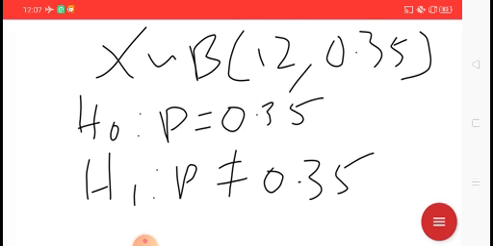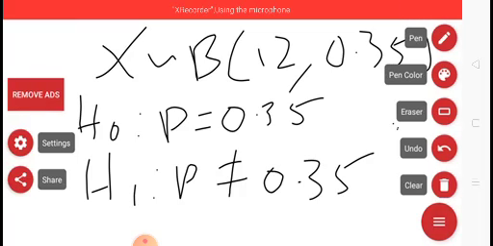The keywords are there. Once you have this, you can test at 10% significance level. Now this is a two-tail test. But the value is how much? It is 1. 1 voter will vote for the Purple Party.